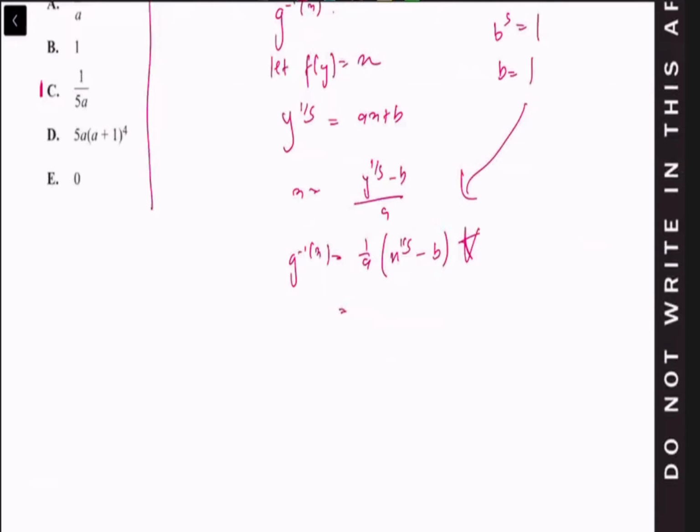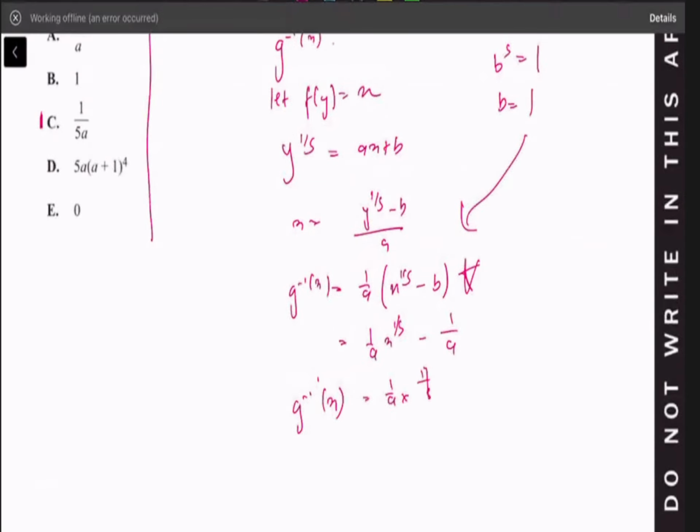1 on a. So I'll just expand it. So minus b on a, minus 1 on a. So now we can differentiate it. So G inverse dash x is 1 on a times 1/5 times 1 on x to the 4/5, and then this is a constant, so it's just plus 0.